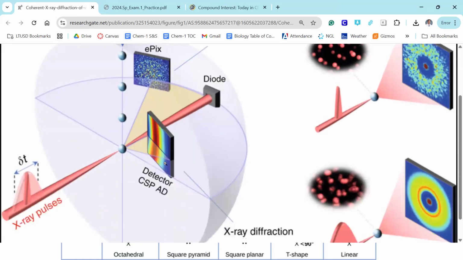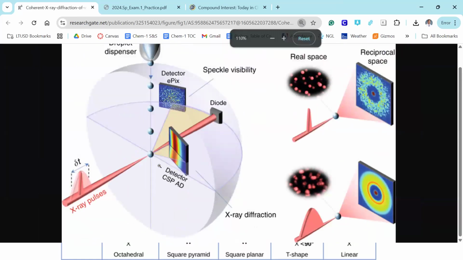So this is basically an overview of how X-ray crystallography works. When you shine X-rays at a crystal structure, you get this sort of diffraction pattern. And from the angle of the different points in the diffraction pattern, you can work backwards to show where the different nuclei are.